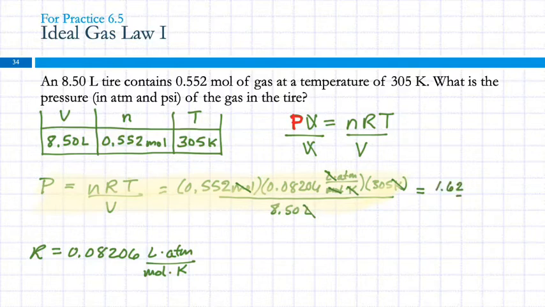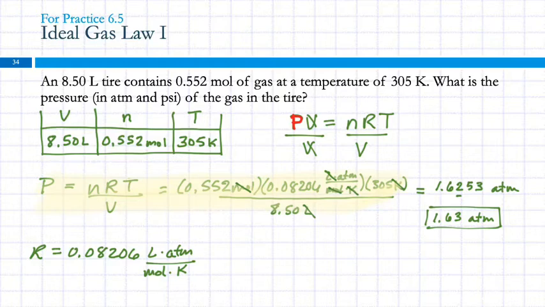So as I'm writing down digits from my calculator, 1.62, that's the third sig fig, and so I'm going to write down 2 extras, not worrying about rounding or anything yet, and my unit is atmospheres. Now it asks for the pressure in atmospheres, so I'm going to report the pressure in atmospheres by rounding this appropriately, 1.63 atmospheres. That's one answer.